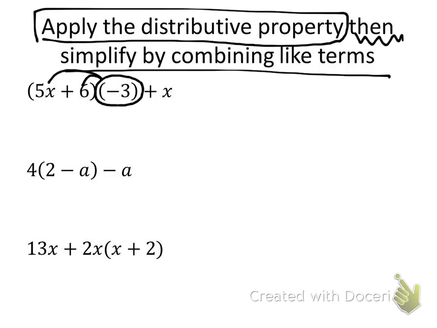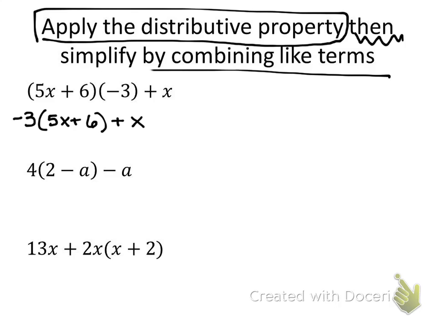What I like to do is I like to rewrite it. Write your -3 out front. Then it's much easier to see, okay, that I'm going to distribute or I'm going to multiply that -3. Now you say, but Miss Reber, look at this problem right here. It's telling me to subtract.